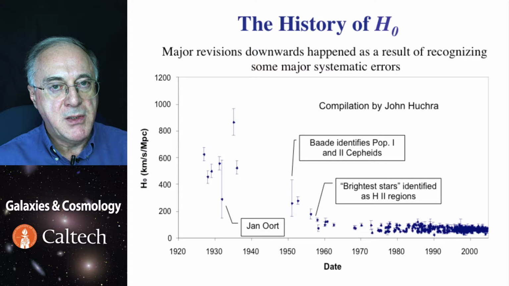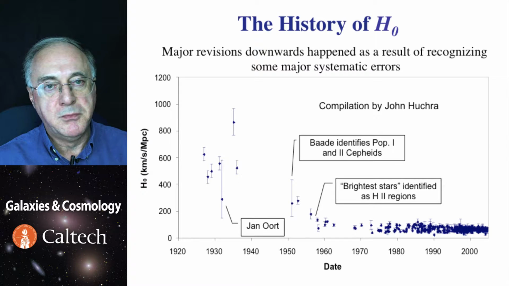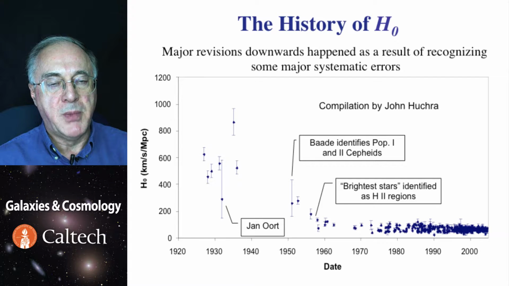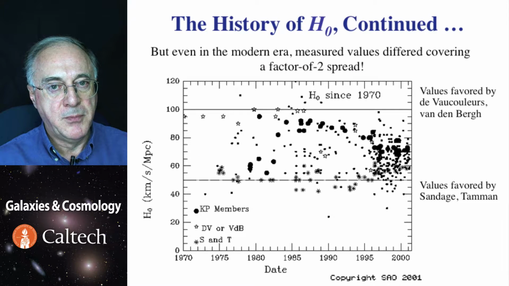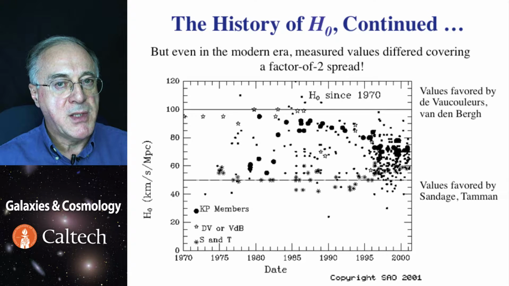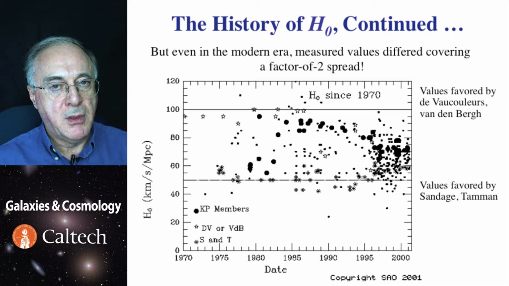And in the 1970s, it got down to the range of between roughly 50 and 100 kilometers per second per megaparsec. There were 2 prominent schools of thought on this. One, led by Alan Sandage, the disciple of Hubble, pushed for the lower values, around 50 kilometers per second per megaparsec.